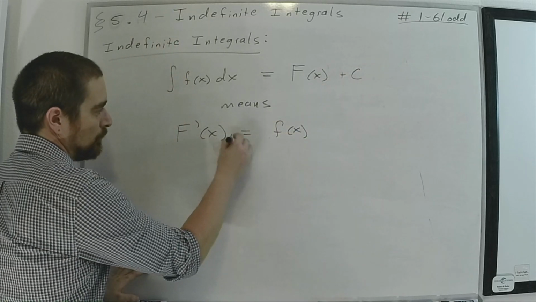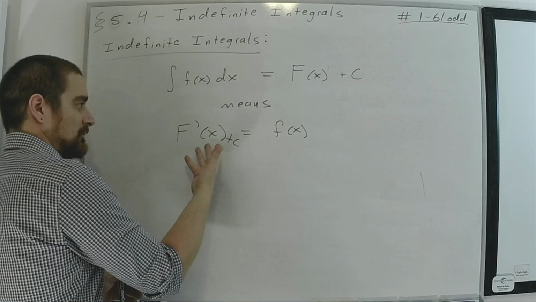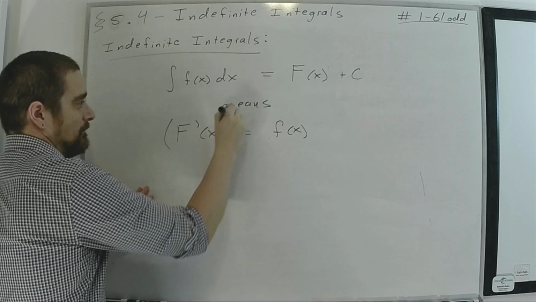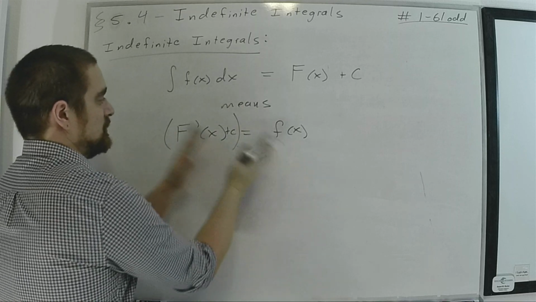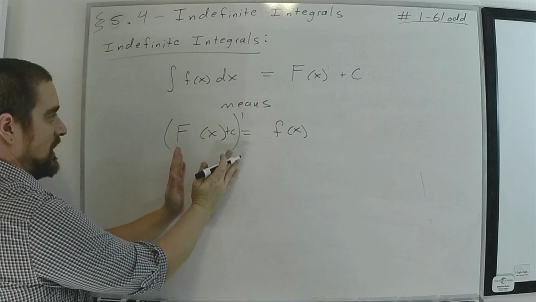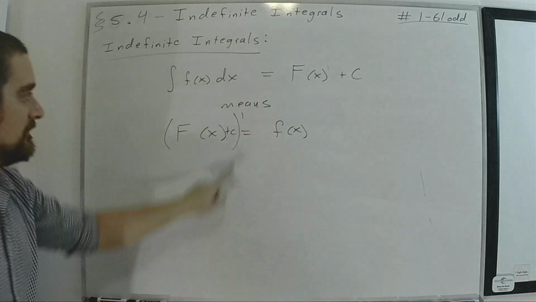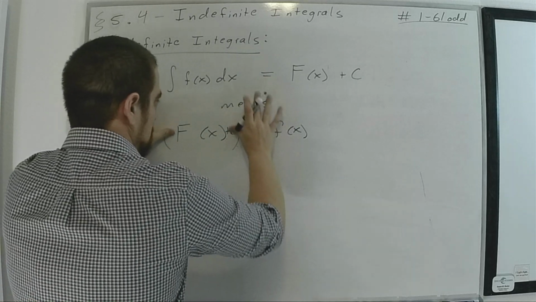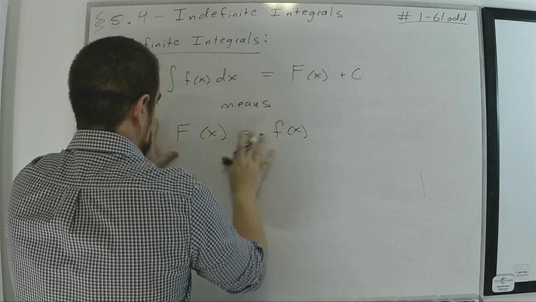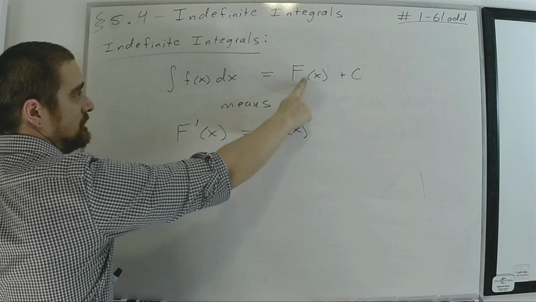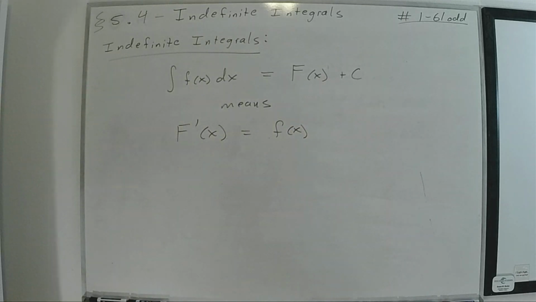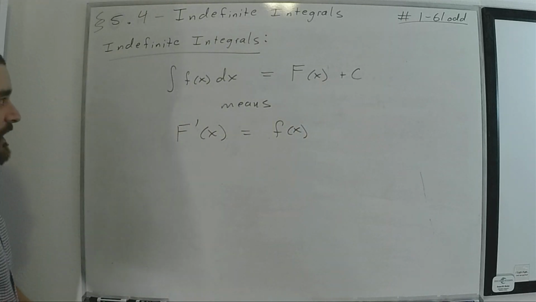So even if I were to write it here and say, hey, differentiate this entire left-hand side, then I would have to include a big set of parentheses that says differentiate all this stuff, give me that prime. You'll still get lowercase f of x because that plus C is not going to matter once you hit the derivative. So to clean up the notation just a little bit, that's why I'm saying, hey, if you differentiate this piece, you should get back to f of x. That plus C really isn't going to matter once you differentiate it. It's going to be gone forever.